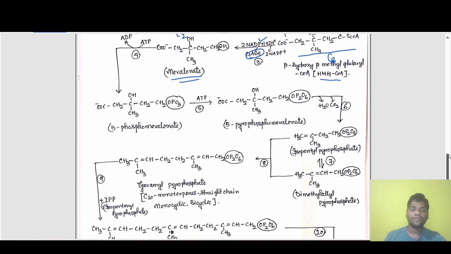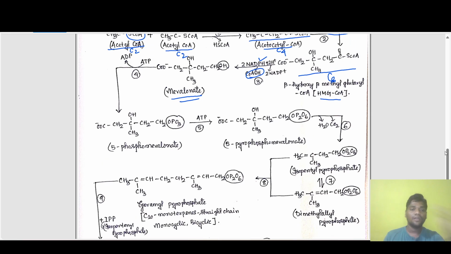Now this mevalonate, after its formation, will be converted to 5-phosphomevalonate, which is also a C6 type of compound, 1 2 3 4 5 6 in the structure. Now this 5-phosphomevalonate is converted into another compound, that is 5-pyrophosphomevalonate.